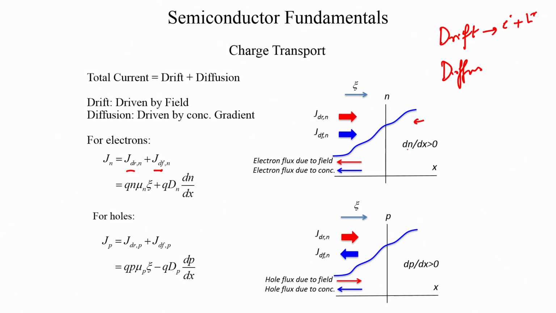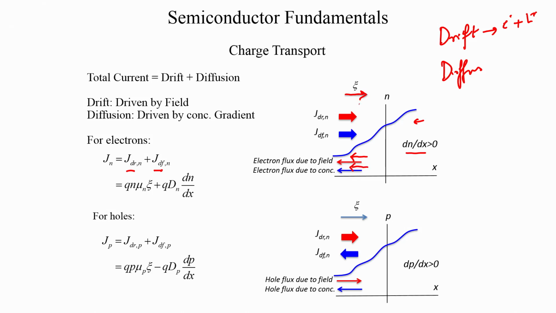Let us take this profile here. So, you have dn by dx greater than 0, and let us say we apply an electric field in this direction. Okay. So, all the electrons will move from right to left because of the applied electric field, and all the electrons will move from right to left because of the concentration gradient.